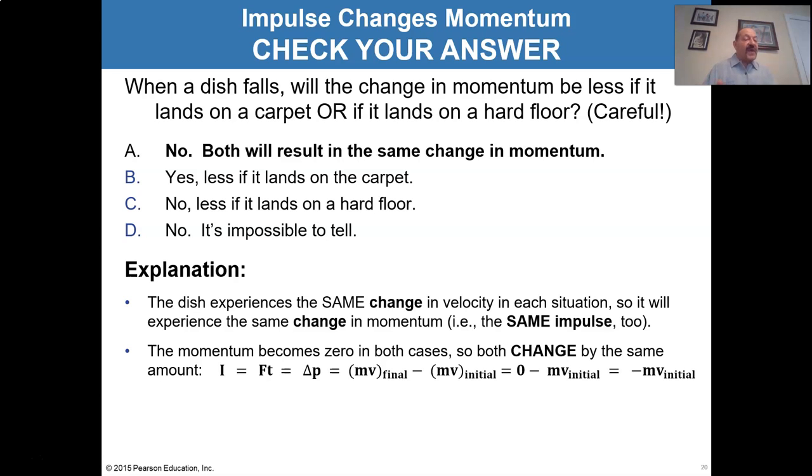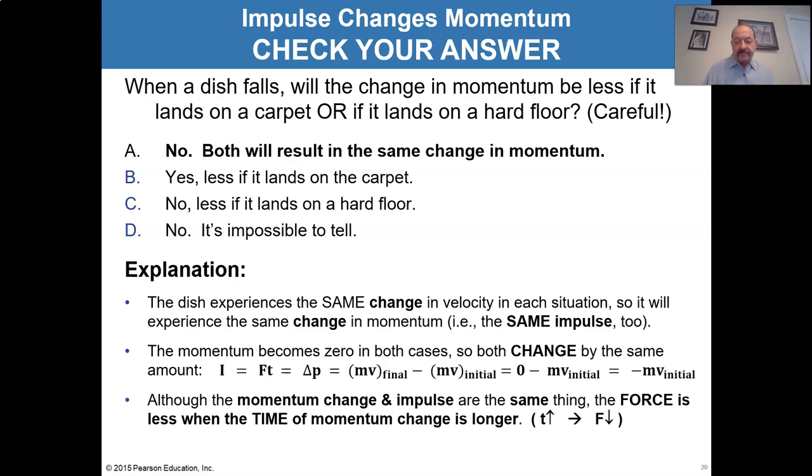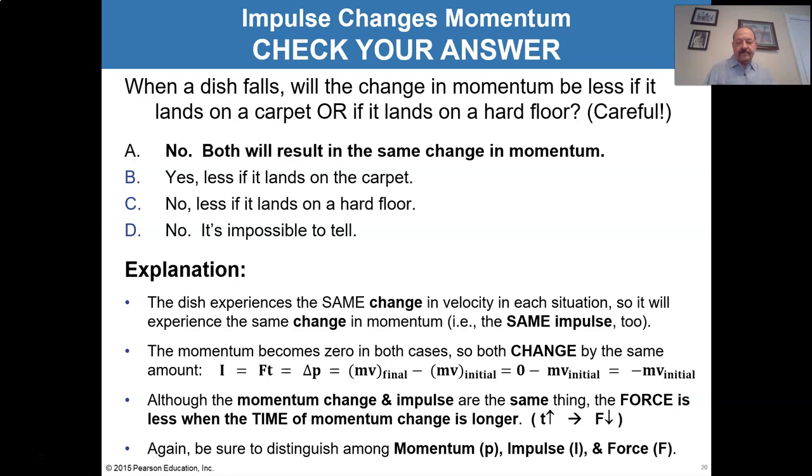So in both cases, it'll just be the negative value of your initial momentum. That's because the final momentum is zero. But the point is they're both the same. So Ft of one must be equal to Ft of the other. They just each have different Fs and ts. If the t goes up, the F goes down. The longer it takes you to slow down, the less force on whatever it is slowing down.